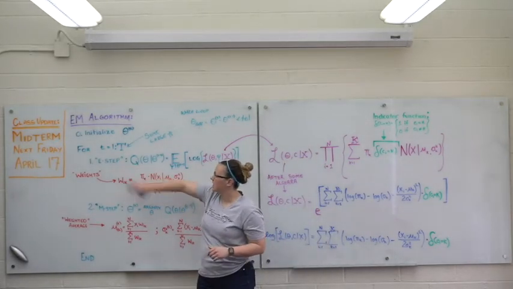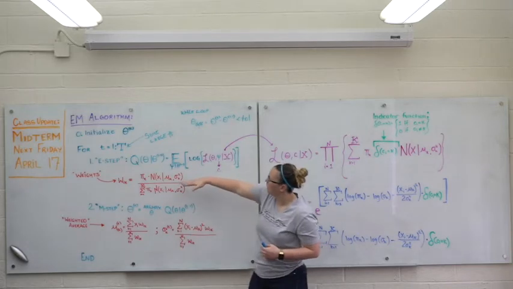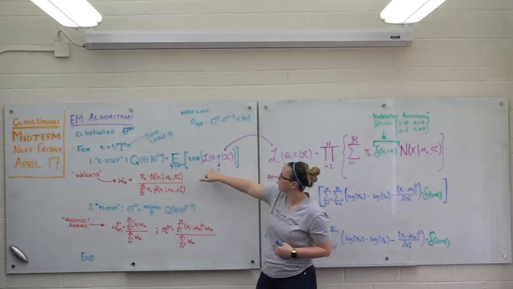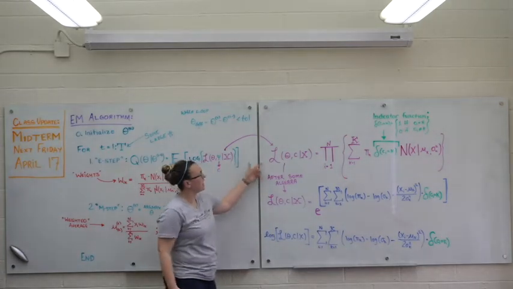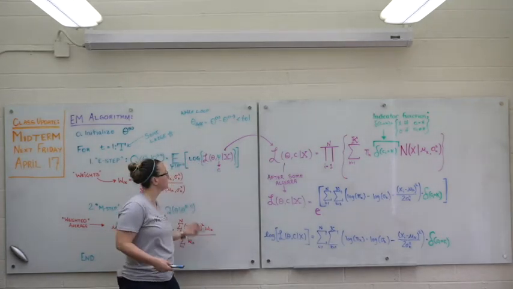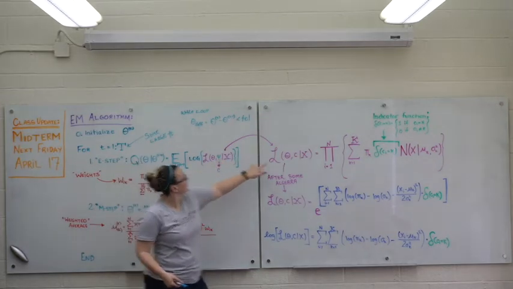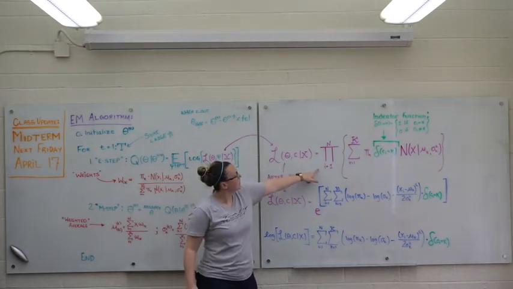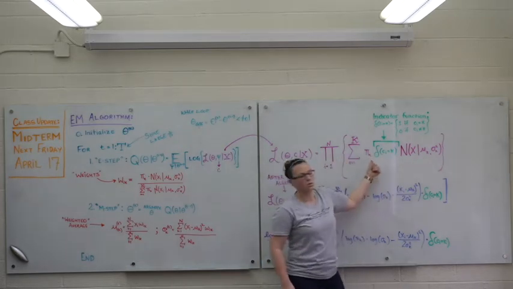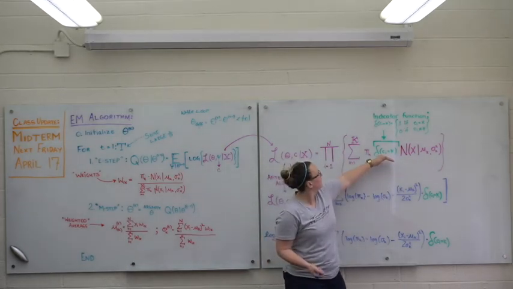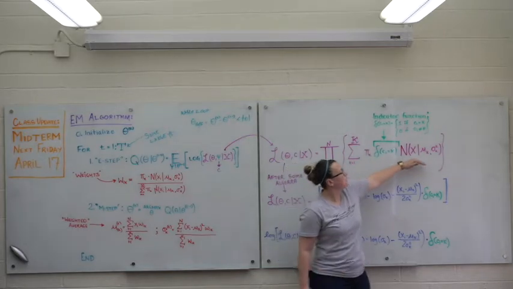Now the first step is taking the expectation of the log likelihood. Let's take a quick look and remind ourselves what that log likelihood was. It is the product over the observations, but right here we have pi, which are the weights. We have this indicator function, and then this is the density.